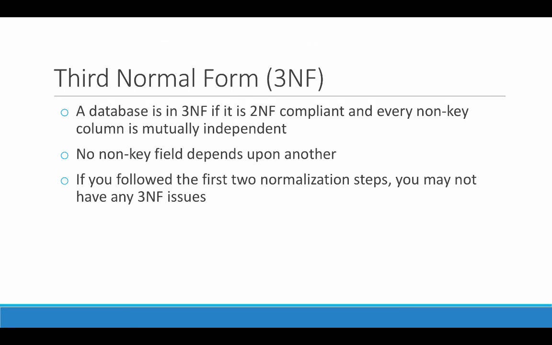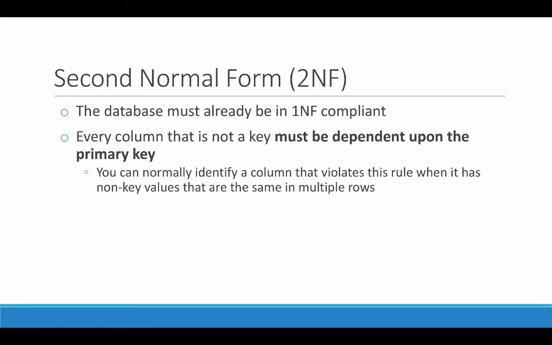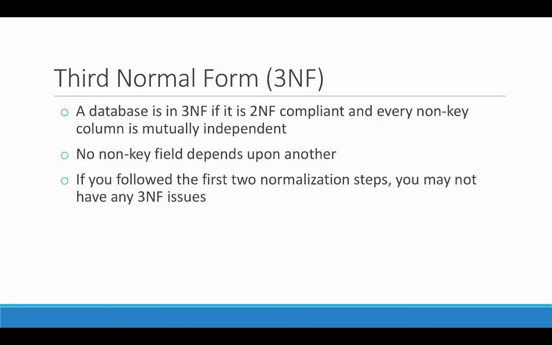So our third normal form is, first of all, it needs to be 2NF compliant. And of course, as we said, if it's 2NF compliant, it needs to be 1NF compliant. So that's the first part. And every non-key column is mutually independent.